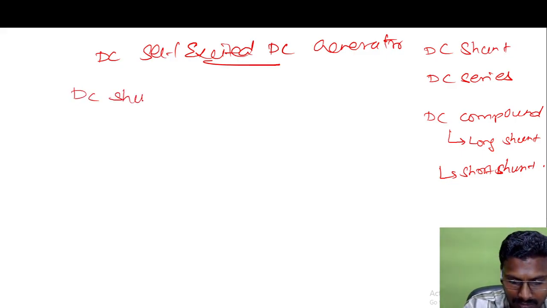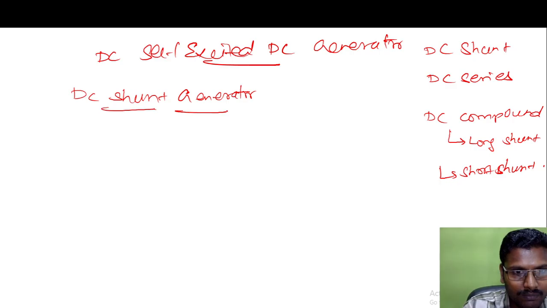So DC shunt generator, right? So here, as I already told, the DC shunt generator, DC series generator and DC compound generator will be excited with the help of armature winding flux, and the DC separately excited generator will be excited with the help of some external means of exciter or by external DC current, right?